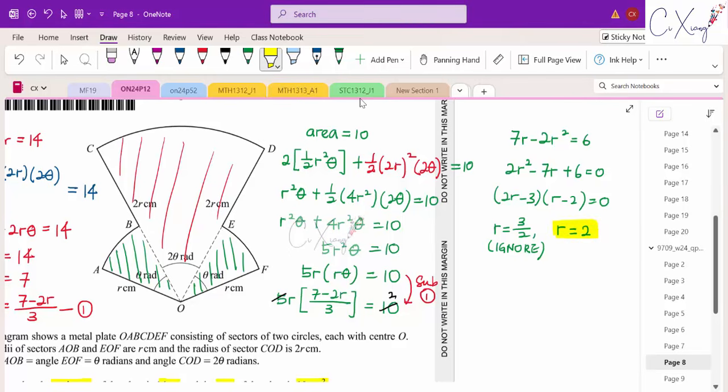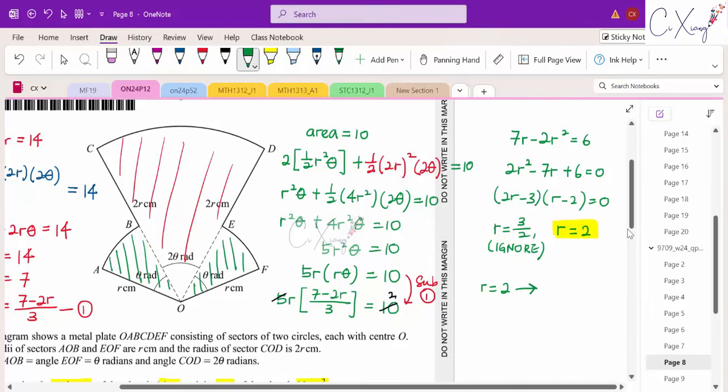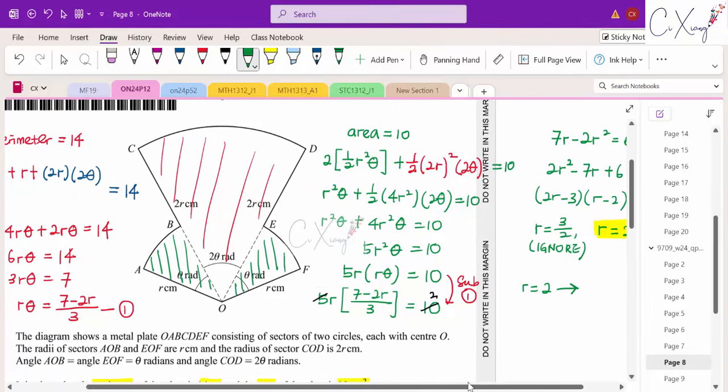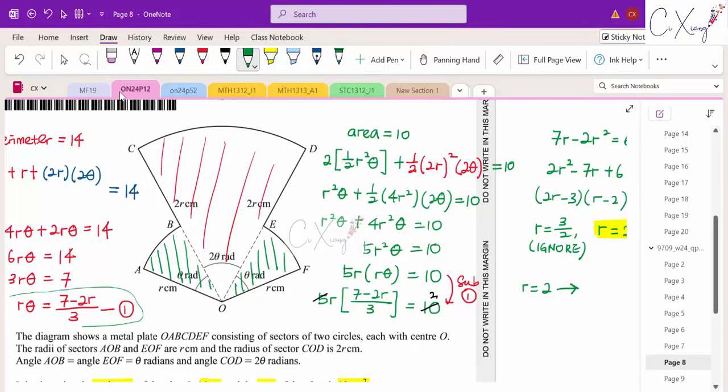So how can I get the value for theta? Now, when r equals 2, I can substitute it into my first equation. What I have here is r theta is 7 minus 2r over 3. So 7 minus 2r over 3 equals r theta.